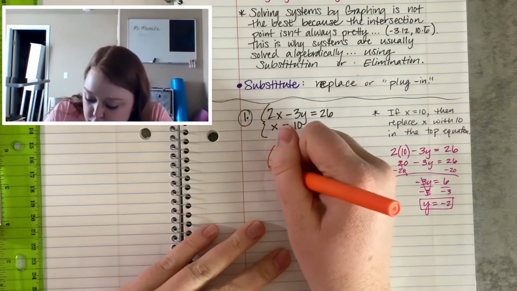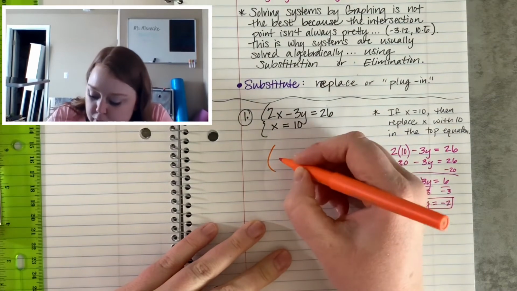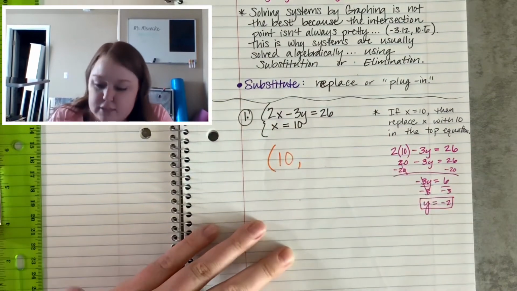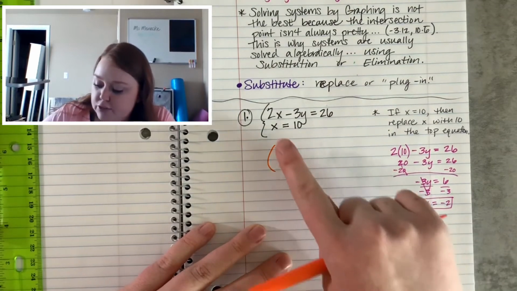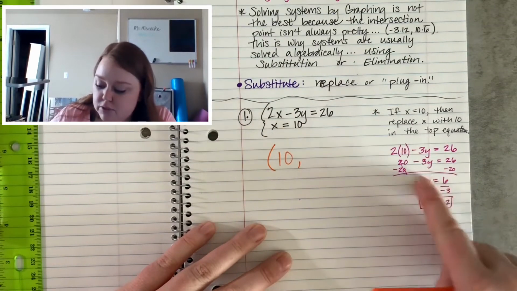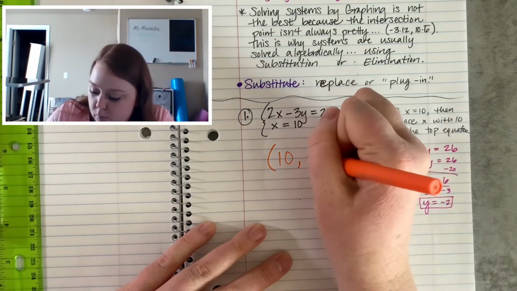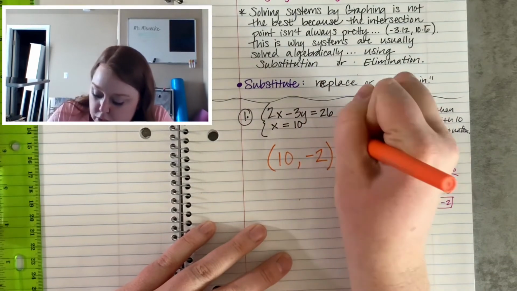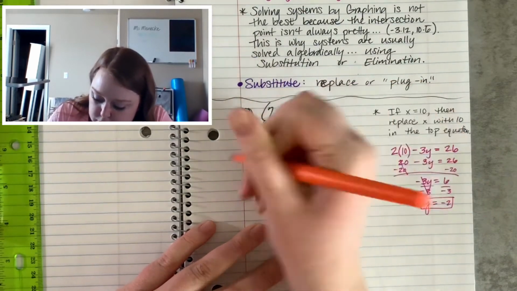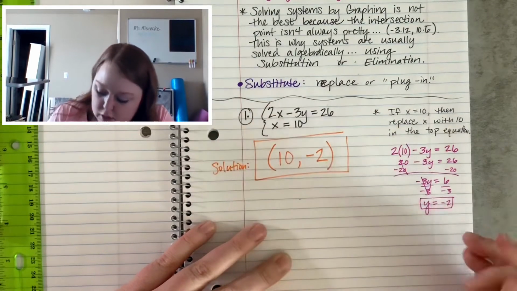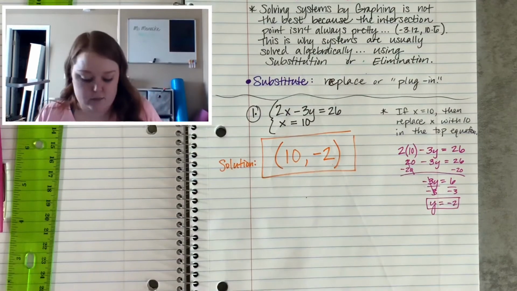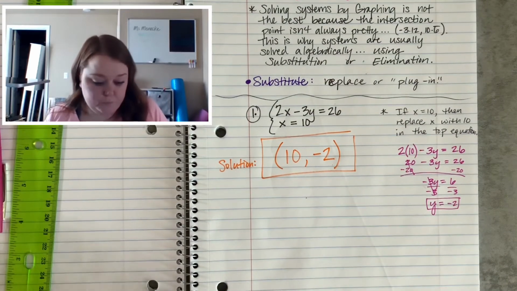This problem was generous because we already knew that 10 was the x value. It already gave it to us. We had to plug in 10 for x, and we solved for y, and we got our y. y was negative 2. So right here, this is my solution. In fact, why don't you go ahead and put solution right here. Our solution is 10 comma negative 2.